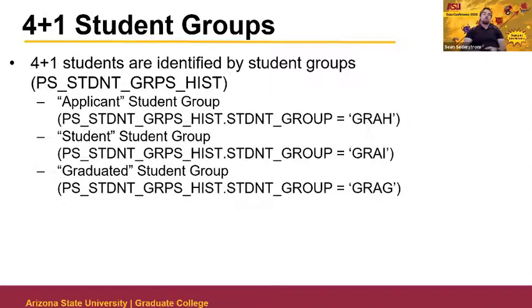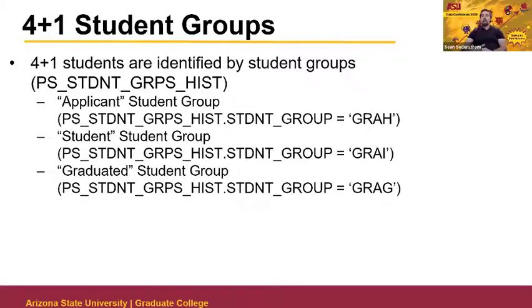Typically when they're still in their undergrad, it would be the tracking tool table, or once they've actually been admitted into a graduate program, we then add the student groups. So if you're trying to identify 4+1 students in that population, this is where I would direct you, to look for these student groups.